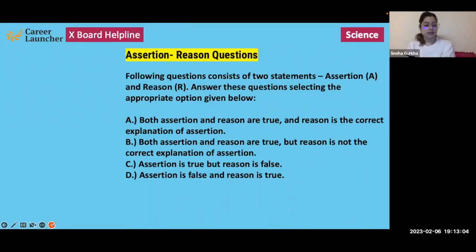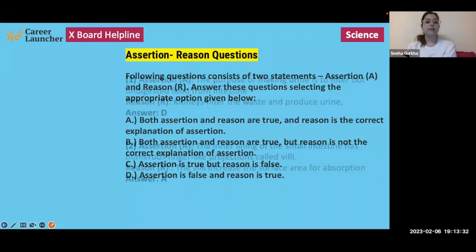The first option stands for both assertion and reason are true, and reason is the correct explanation of assertion. The second option stands for both assertion and reason are true, but reason is not the correct explanation of assertion. C stands for assertion is true, but reason is false. And D stands for assertion is false and reason is true.